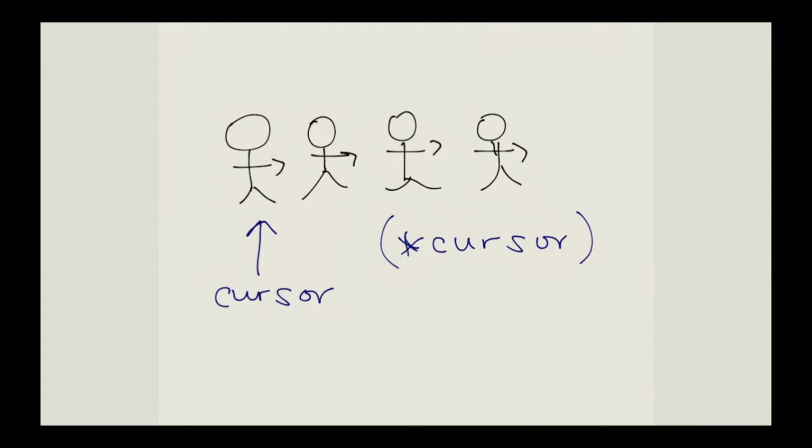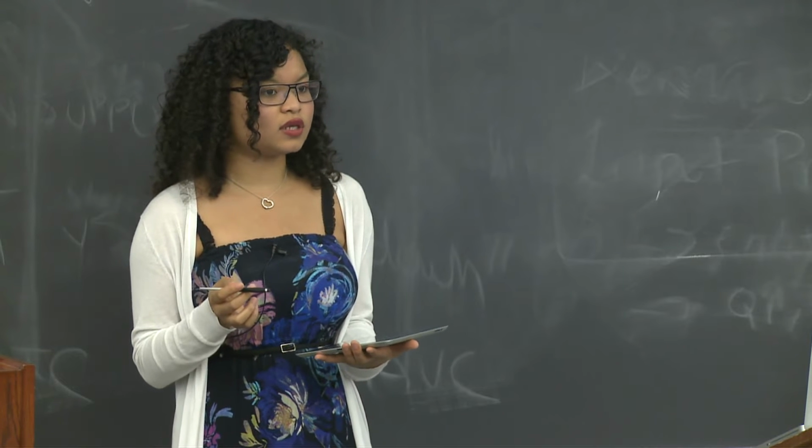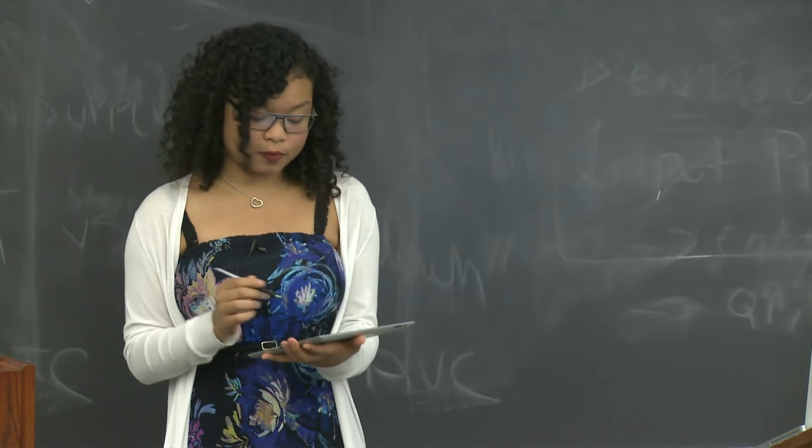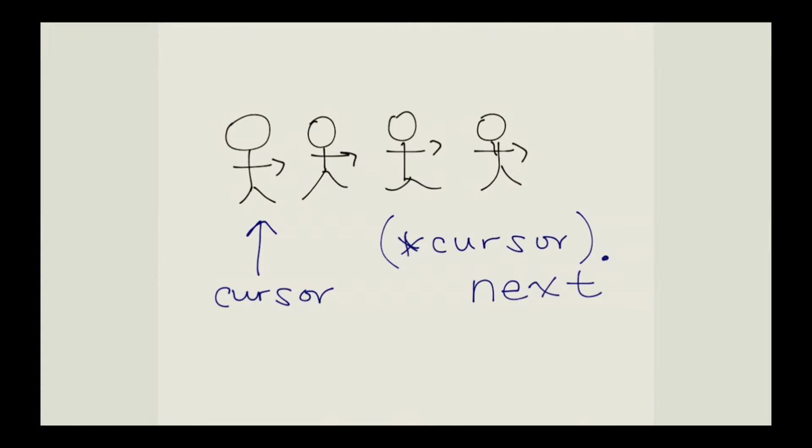To access values inside of the struct, we have the dot operator, so it would be star cursor dot next. But this is a bit messy in terms of having the brackets around the star cursor, so we replace this whole statement with cursor, a dash and then a greater than sign, making an arrow: cursor arrow next.